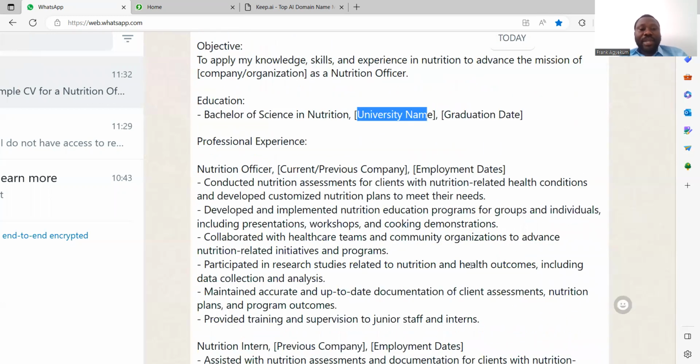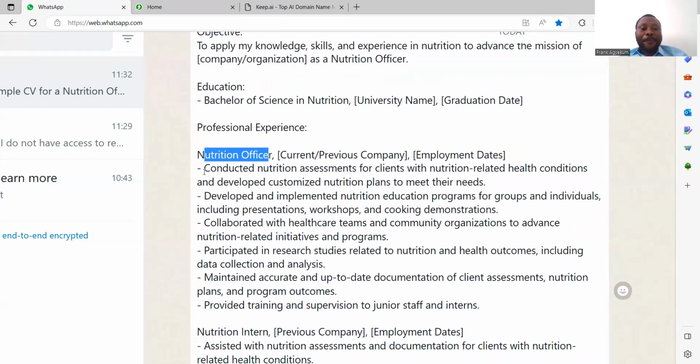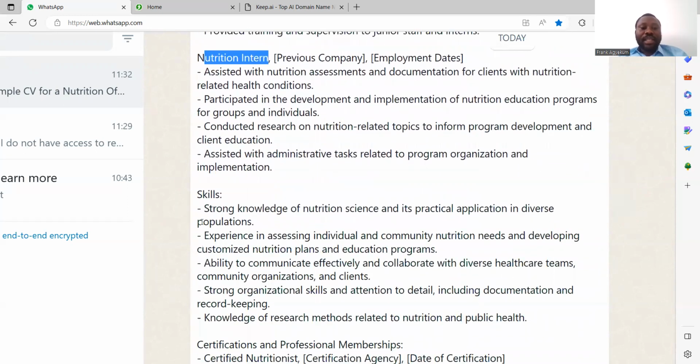The professional experience, it has given it to you, but remember to refine it, because the artificial intelligence doesn't know where you completed your bachelor degree in nutrition, whether you completed in Harvard University, Uppsala University, or whatever university, KNUST or whatever. So you might have probably done some kind of internship. So it gave it to you.